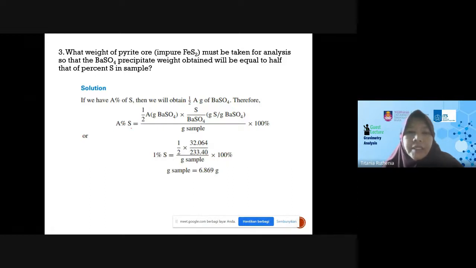Therefore, A% S equals half A, the grams of barium sulfate times the molecular weight of S divided by the molecular weight of barium sulfate, divided by the mass of the sample. So the 1% can be omitted like this. It becomes half times the molecular weight of S over the molecular weight of barium sulfate, divided by the grams of sample, so that the sample will be 6.869 gram.